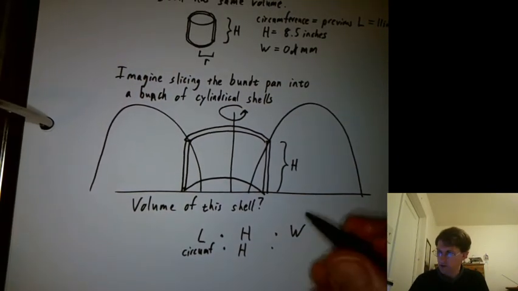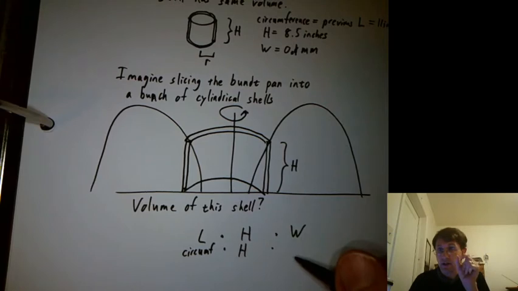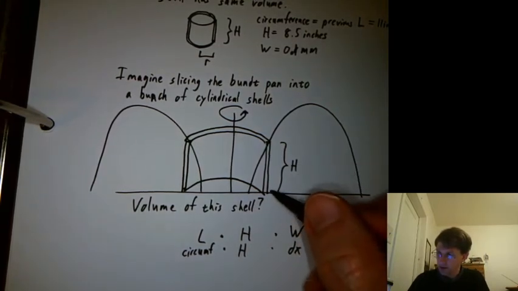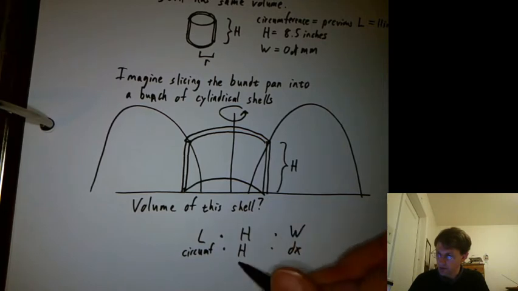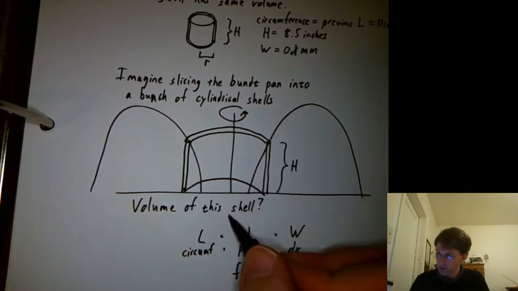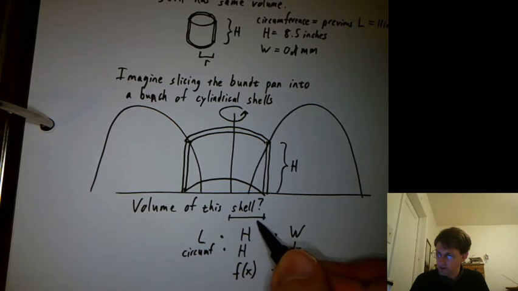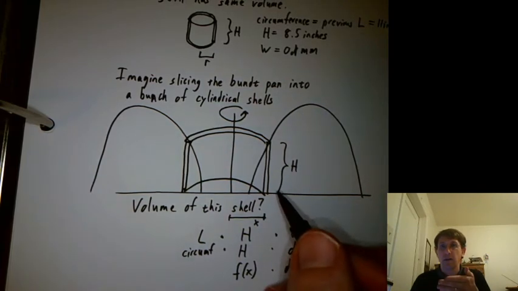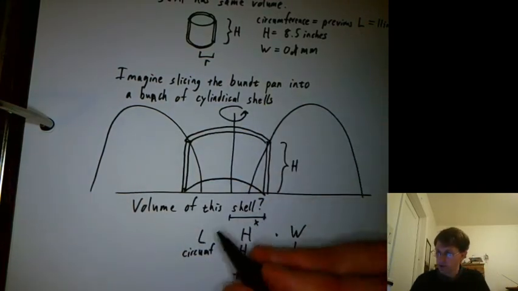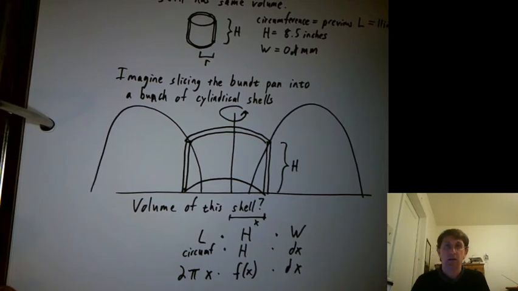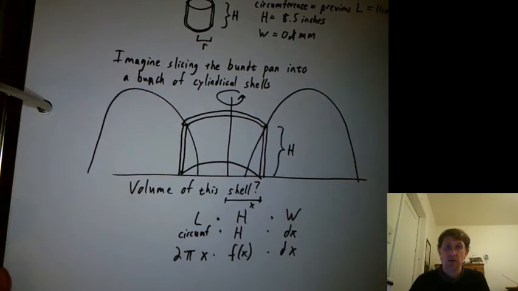What's a good calculus word for very, very skinny? dx. And what's the height here at some particular x value? That would be f of x. And what's the circumference? Going from here out to here, that's x, which is basically the radius of the shell. And what's the circumference of a circle that goes all the way around? It's 2 pi r, or 2 pi x. So that's the volume of this shell.